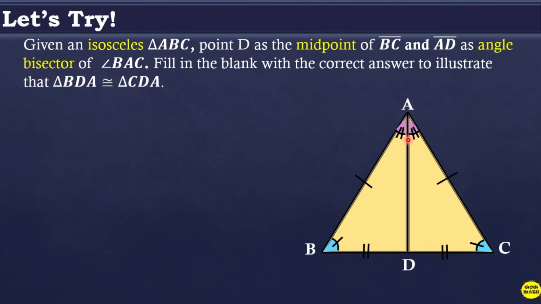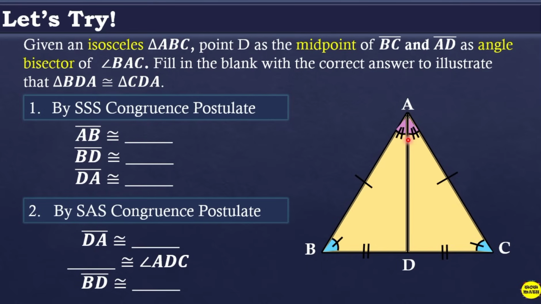So, kapag sasagot tayo, mas okay kasi na i-drawing natin siya para mas nakikita natin kagad. Okay? So, let us complete and fill in the blanks with the correct answer para ma-prove natin that the triangle BDA is congruent to triangle CDA.